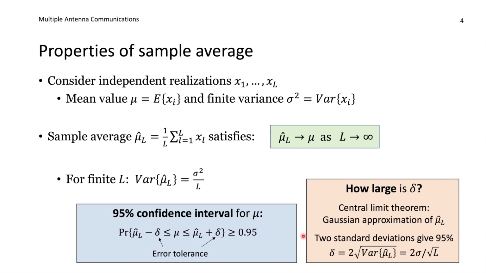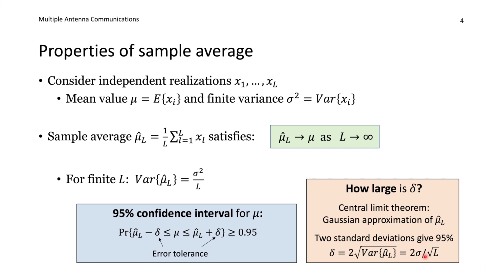And the useful property of the Gaussian distribution is that we know that 95% of all realizations are within 2 standard deviations from the mean value, which in our case means that we should select this delta to be 2 times the standard deviation, which is the square root of the variance.